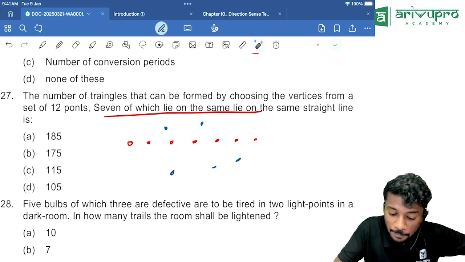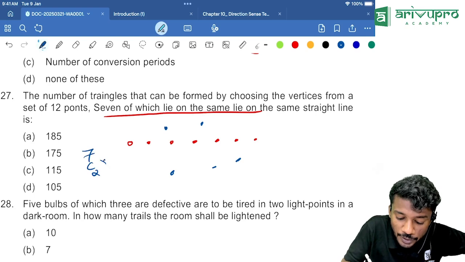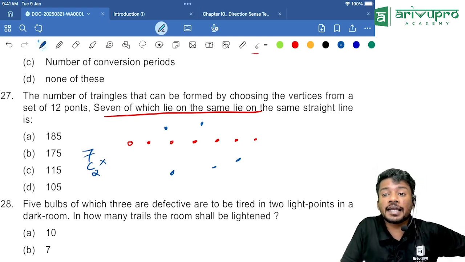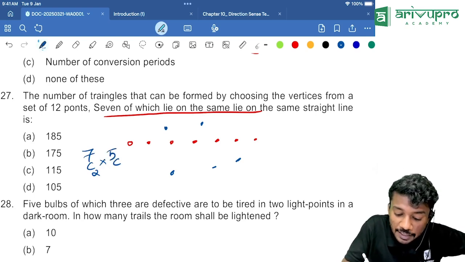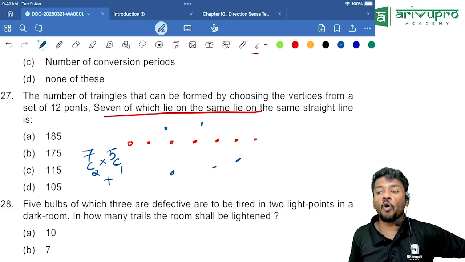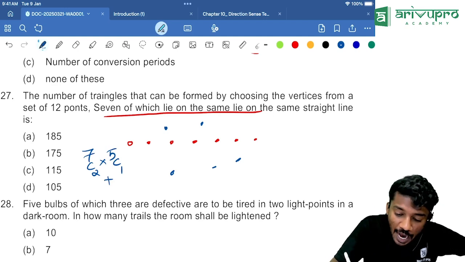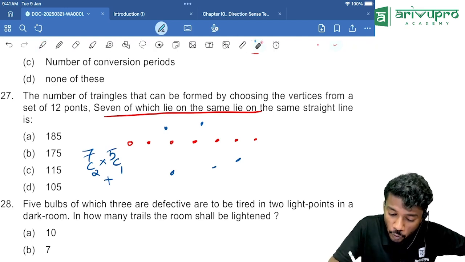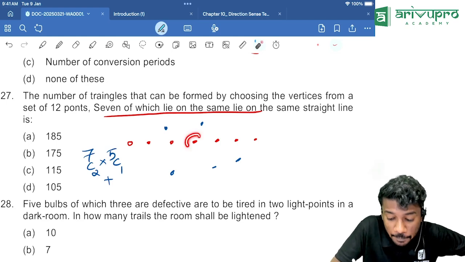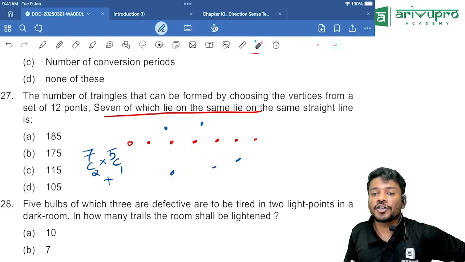2 points from collinear means 7C2 into how many non-collinear are there? 5C1. Correct? Plus, or I can take 1 point from collinear and 2 points from non-collinear.